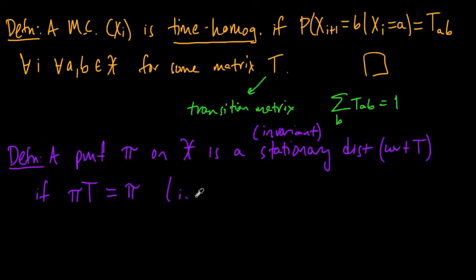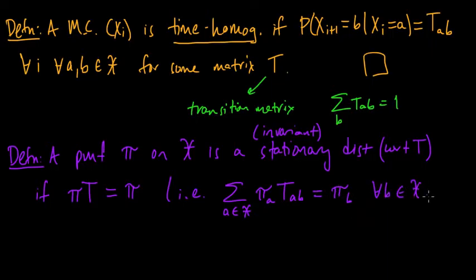In other words, when we sum over all values a, pi_a times t_ab, we get back pi_b for any b in this space X. This is using a more general notion of matrix multiplication, since it could be an infinite vector.